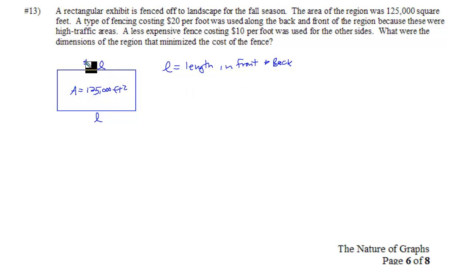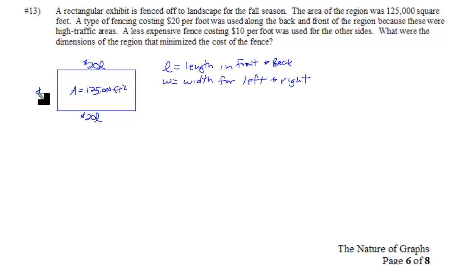So that means the cost of the front and the back is $20 times the length L. A less expensive fence costing $10 per foot was used along the other sides. So we'll say W is the width, with our picture orientation, for the left and right.